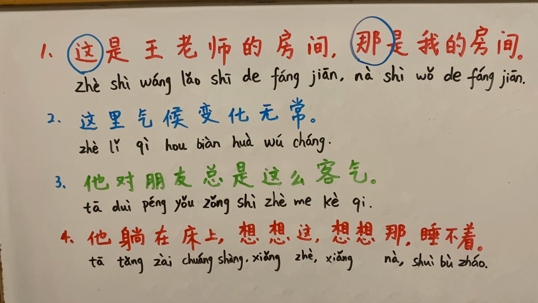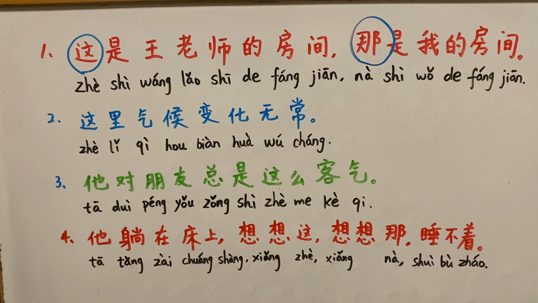So 客气, polite, means the situation when you go to your friends and act like a guest. The behavior you show like a guest is the behavior of being polite. So 客气.